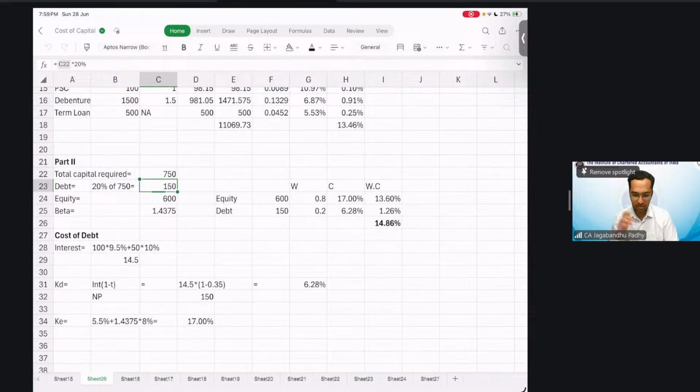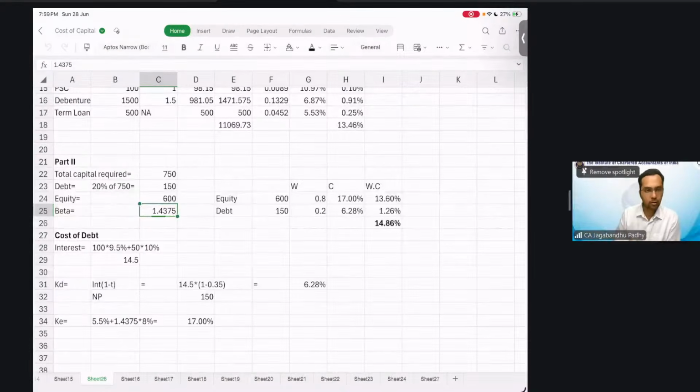So debt is 20% of 750, which is 150, and equity is going to be 600. Beta is 1.4375. So you have the total capital required 750. Debt is 20% of 750, which is 150. Equity is 600, right? The balancing, and beta is already given 1.4375.